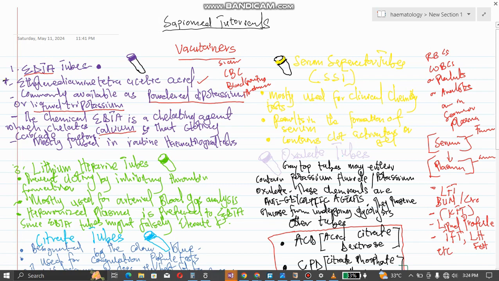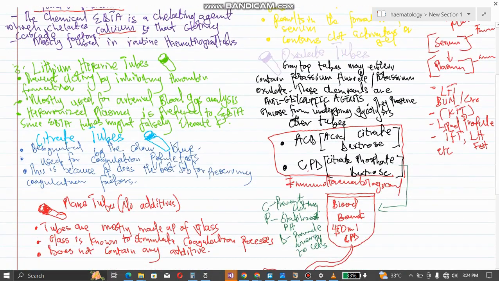So what is done to this tube is that anytime we spin the serum separator tubes, we end up getting something like this. Normally the gel is underneath, then we have the whole blood over here.